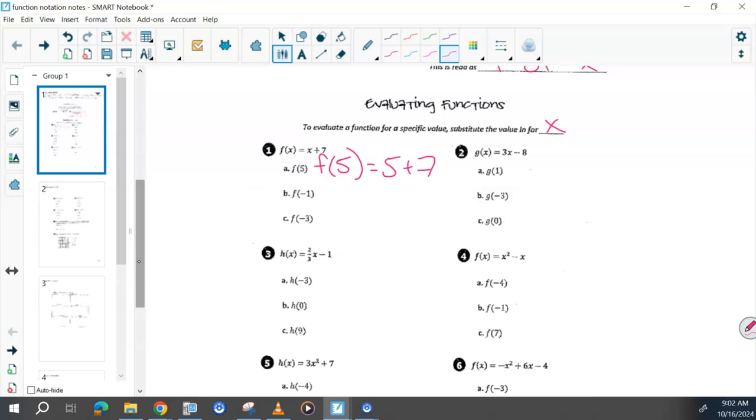So then we would write that as f of 5 equals 12, or you can write it as f of x equals 12. So the first one means when x is 5, y is 12. The second one just means y is 12. Questions on that before we continue?